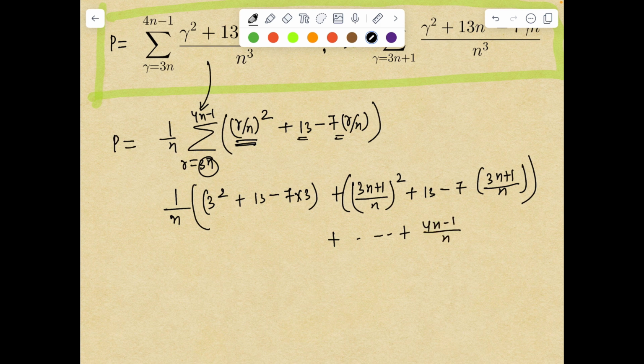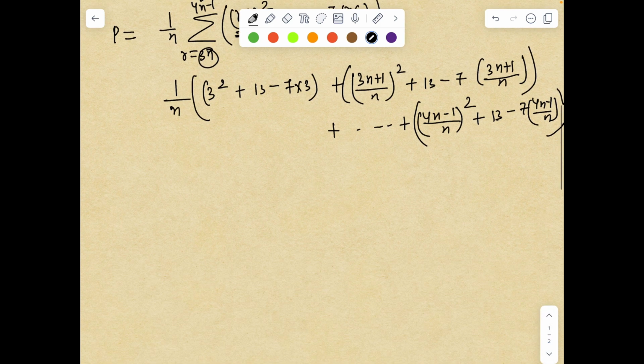The last bracket is (4n minus 1 over n) whole square, plus 13 minus 7 times (4n minus 1) by n. This is how it will decode to.